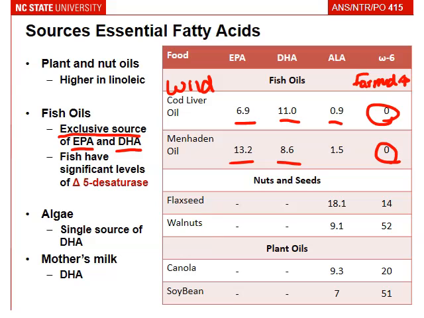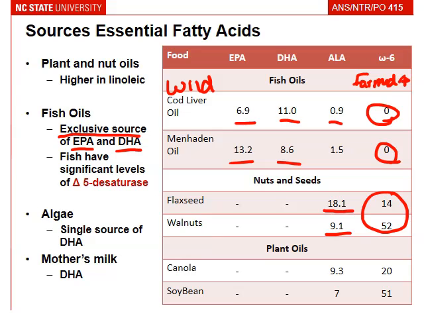Compare this to our various nuts and seeds. You can see our flaxseed and our walnuts, which are two common foods that they tell you to consume to increase your omega-3s. Our flaxseed has 18% and our walnuts 9% alpha-linolenic acid. You can see they still have omega-6 in them.